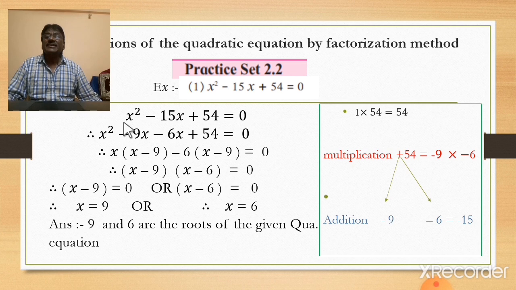So we take the coefficient of the square term, that is 1, into the constant term, that is 54. Therefore, 1 into 54, we get 54. Now, 54 is the multiplication number.